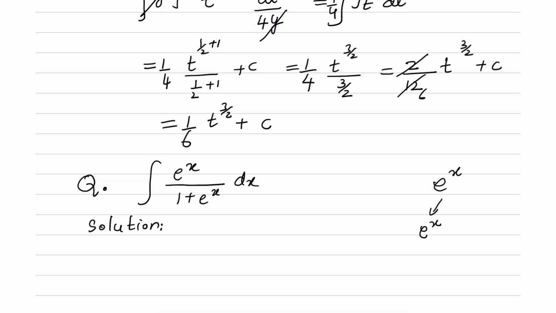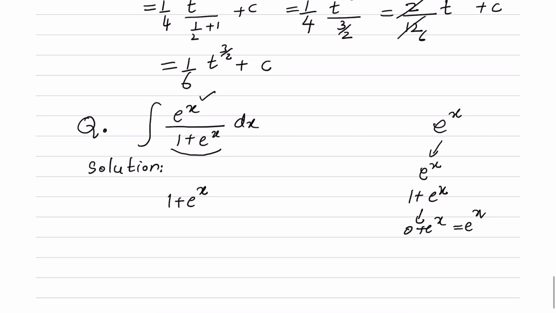What we are going to suppose is 1 plus e power x equal to our different variable. But before that we have to check, is the derivative of 1 plus e power x also written here? The derivative of 1 plus e power x is 0 plus e power x, which is just e power x, and e power x is written here.